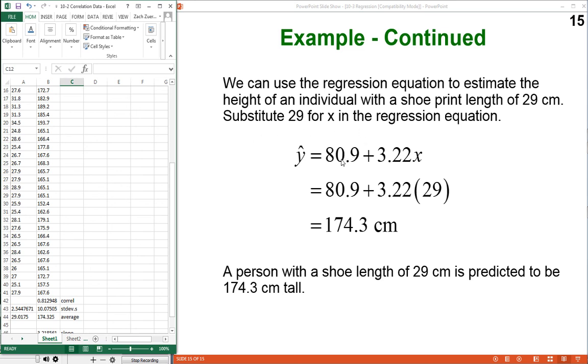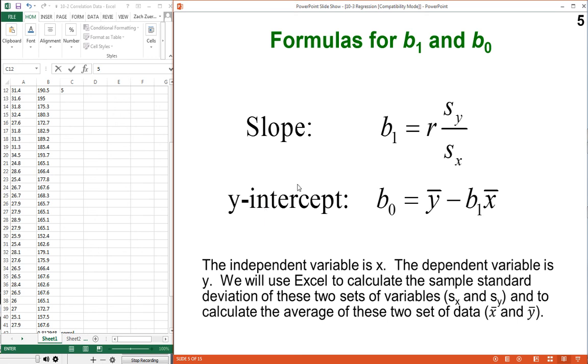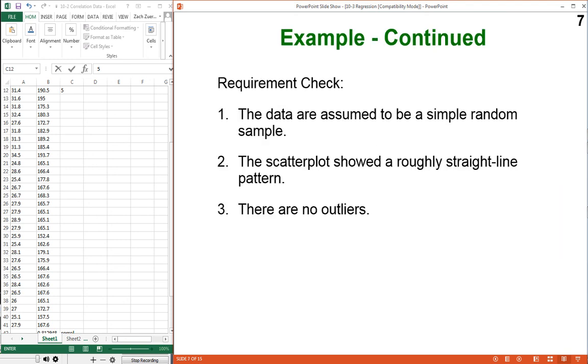So we have the intercept of 80.9, slope of 3.22, substitute 29 in for x, and for a person with a shoe length of 29 centimeters, you can expect them to be about 174.3 centimeters tall. Okay, so get some practice using these equations to find the slope and the intercept, which gives you the equation of the regression line.